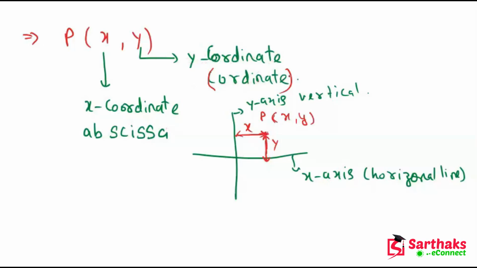The distance between the point and the vertical line is called x, meaning the x coordinate, meaning the abscissa. And the distance between the point P and the horizontal line is the y distance, and it is also called the y coordinate or ordinate. So my dear friends, this is the concept of coordinates. I hope you understand these things.